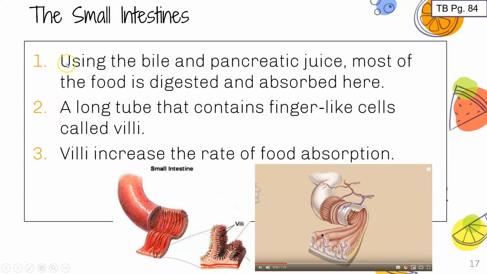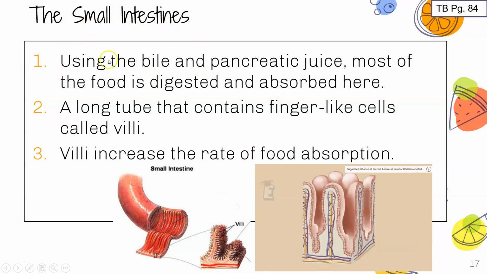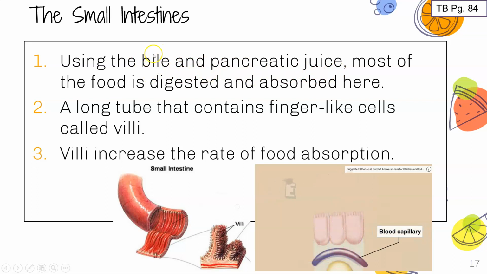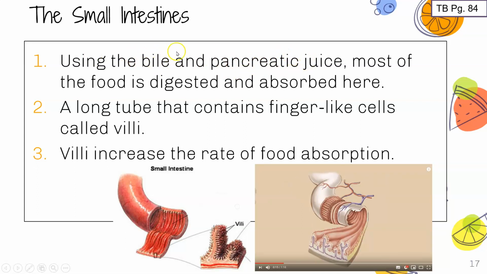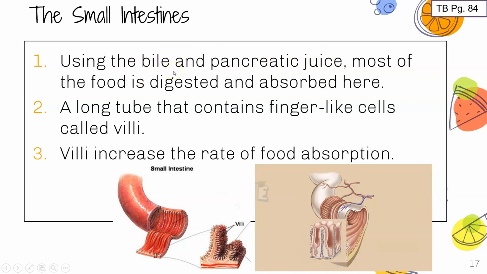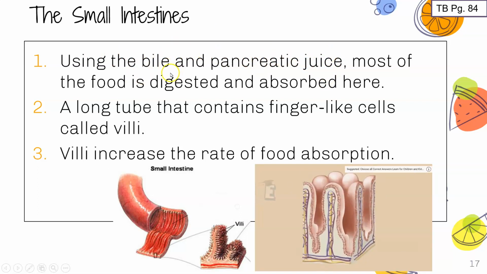Now, the third part of this triangle is the small intestine. So the small intestine would use the bile and the pancreatic juice that it has received. The bile comes from the gallbladder and the pancreatic juice comes from the pancreas. So you will use this together with its own juices. Okay, so there are three things working here.